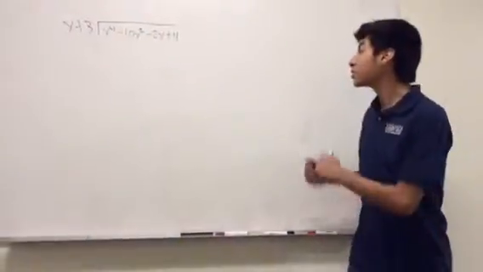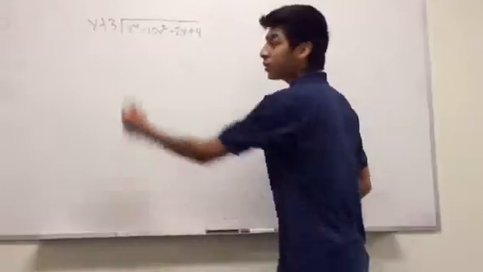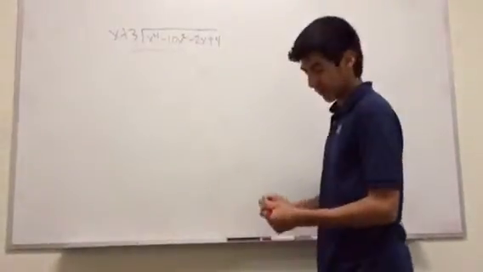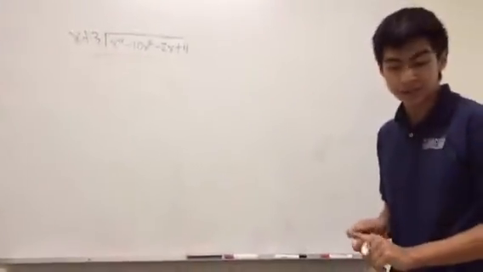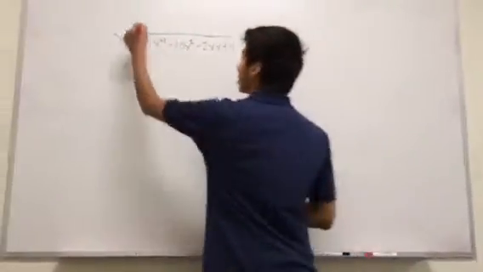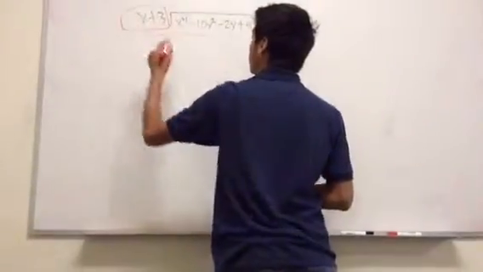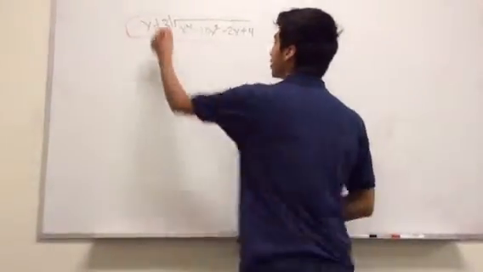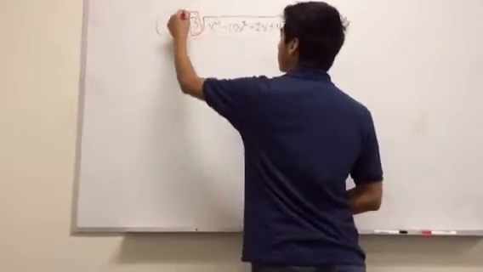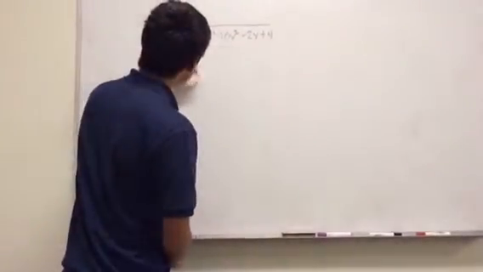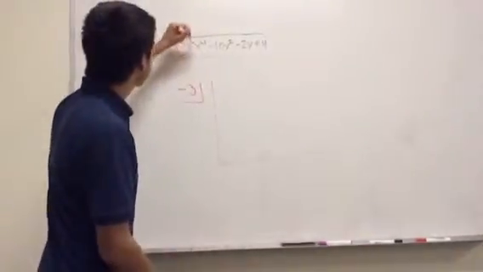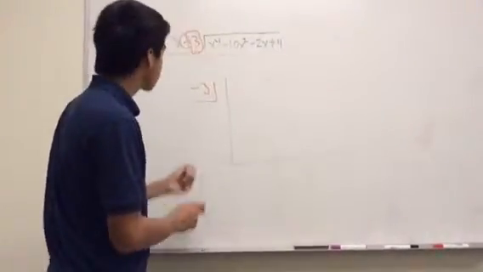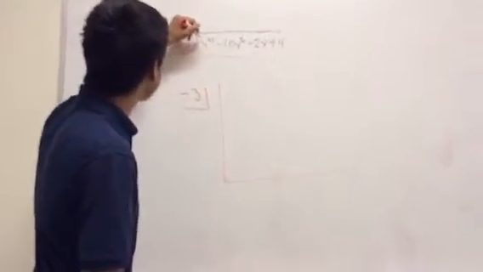Alright, so now, if you don't like this, which I personally don't, you could also do a synthetic division, which is using this constant, which is 3, but also switch the negative. So instead it will be -3 in the box, and then here you're going to use the numbers in front of the x's.